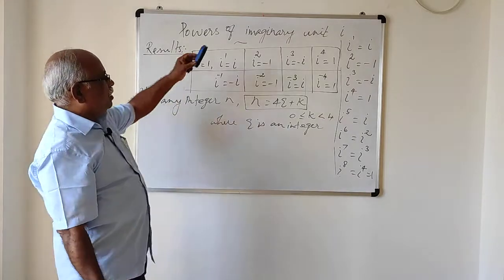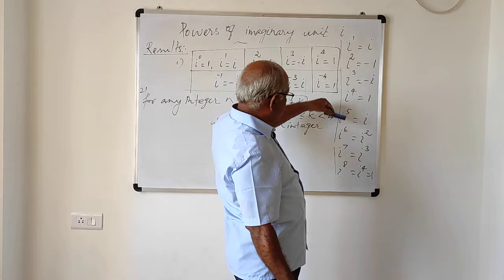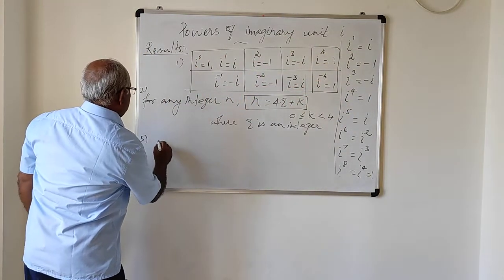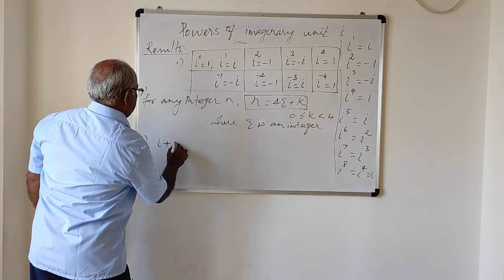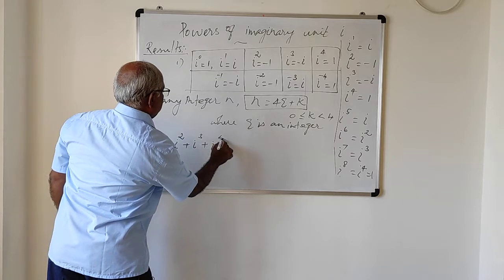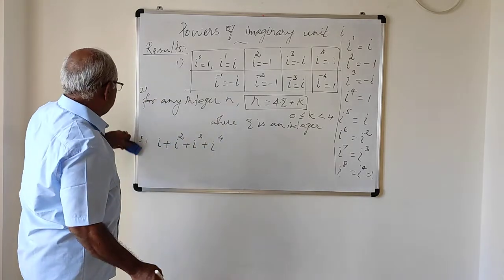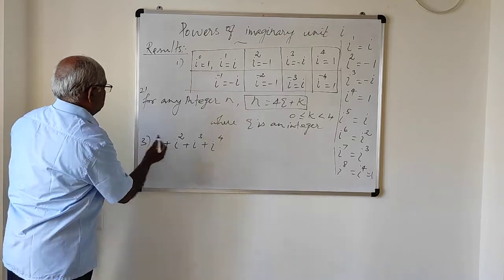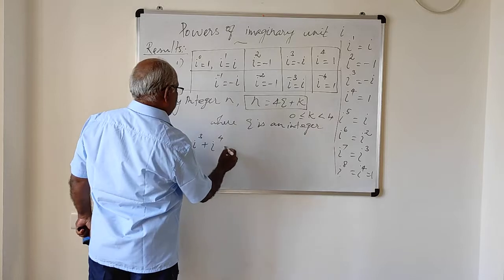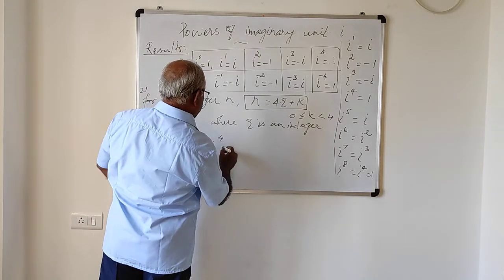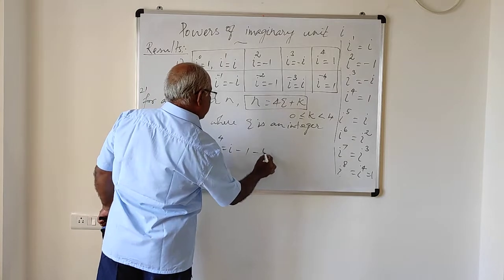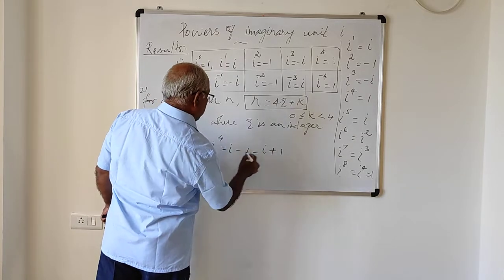Further, the sum of the first 4 powers of i: i plus i square plus i cube plus i power 4. You remember this as a third result. So far we have seen i power 1 is i, i square is minus 1, i cube is minus i, i power 4 is 1.